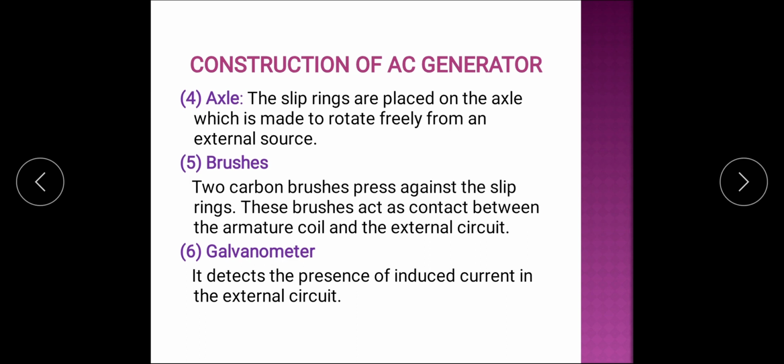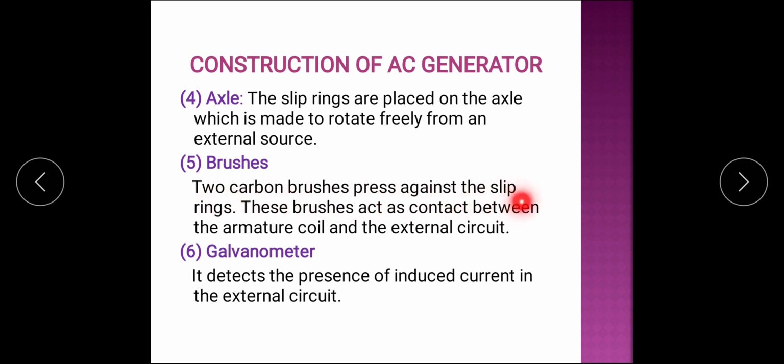Next is the axle. The slip rings are placed on the axle, which is made to rotate freely from an external source. Therefore, when the axle rotates, the slip rings rotate, which results in the rotation of the coil. The fifth part of an AC generator is the brush.